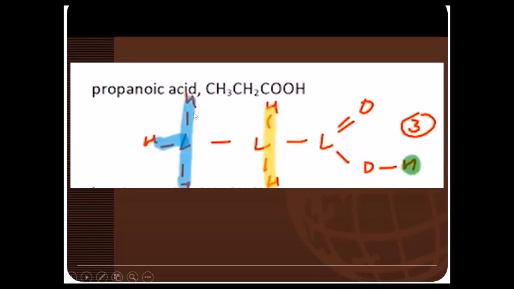It has a CH3 group, then a CH2 group, and then an acid functional group. So the NMR will analyze these chemically distinct proton groups.